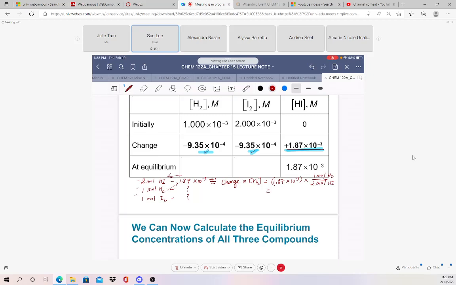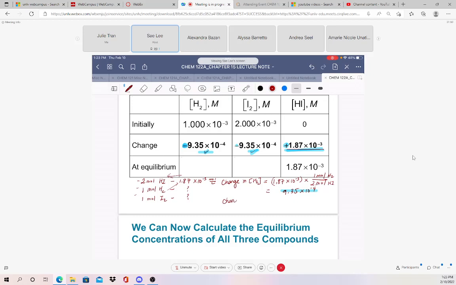Then you have a concentration of 9.35 times 10 to the negative 4. But you're going to put a negative sign in front of this because you are consuming the reactant to produce product. So the change is going to be negative. Positive for the product, negative for the reactant.